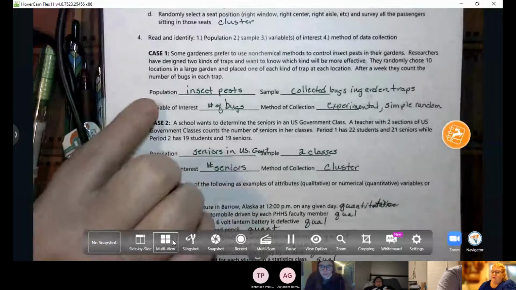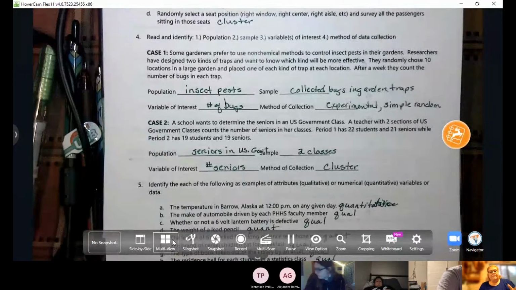So for population, what is the population that deals with this particular problem? We're looking at the insect pest. The sample would be the collected bugs that are in the garden. The variable of interest is the number of bugs.